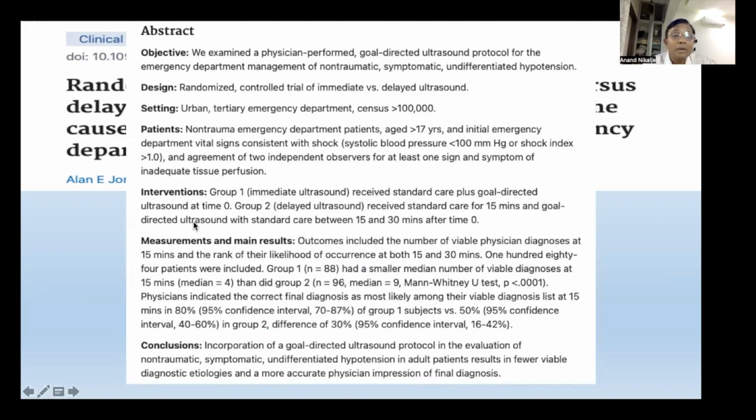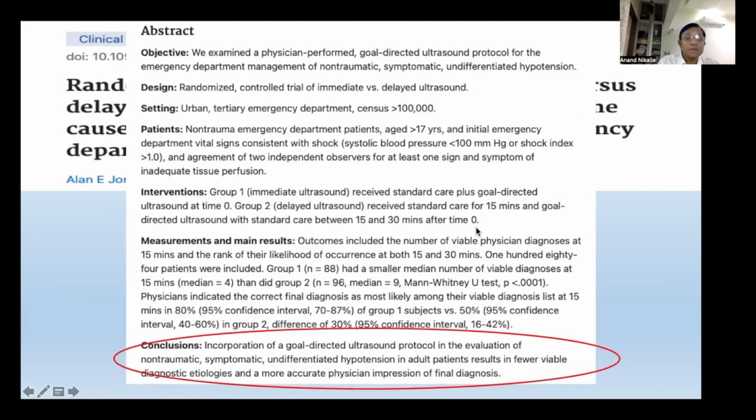They divided the patients into two groups. Group one had immediate ultrasound, at time 0. Group two had ultrasound 15 and 30 minutes after the initial time 0. The conclusion of this study is that incorporating a goal-directed ultrasound protocol in the evaluation of non-traumatic, symptomatic, undifferentiated hypotensive patients gives fewer variable diagnostic etiologies and more accurate physician impression of the diagnosis.